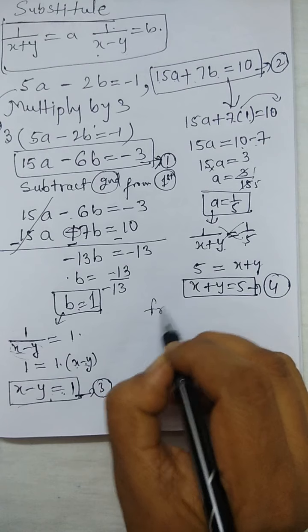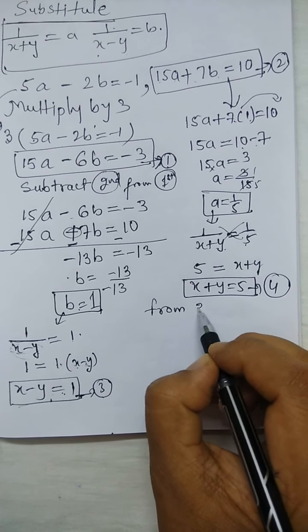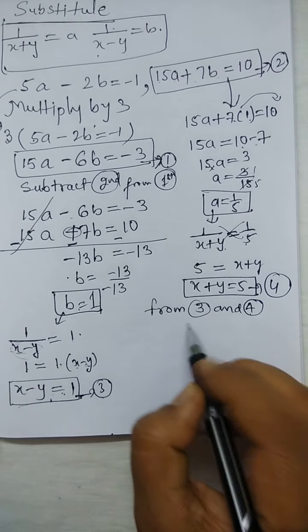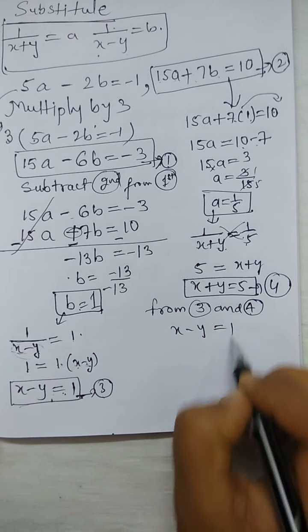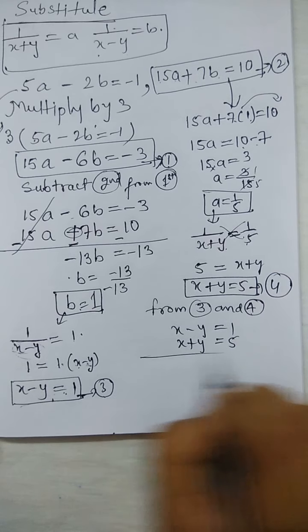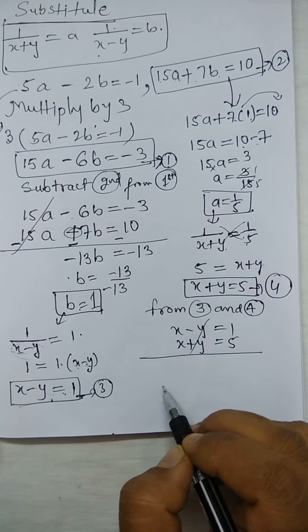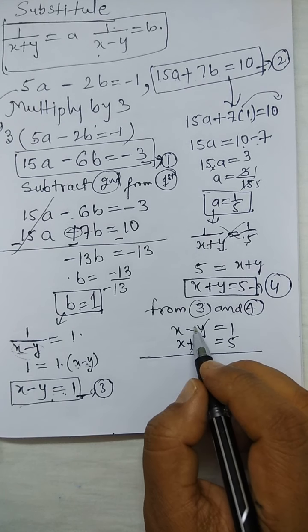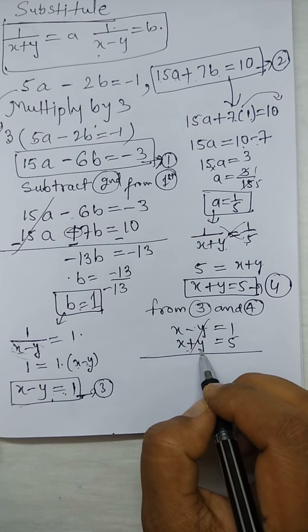Okay, from the third and fourth: x minus y equals 1, x plus y equals 5. Solve. Minus y and plus y cancel. Here no need to multiply by any number because it is already minus y and plus y, opposite.